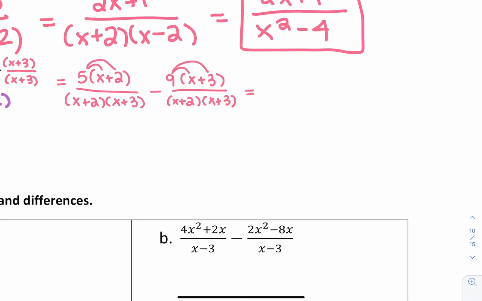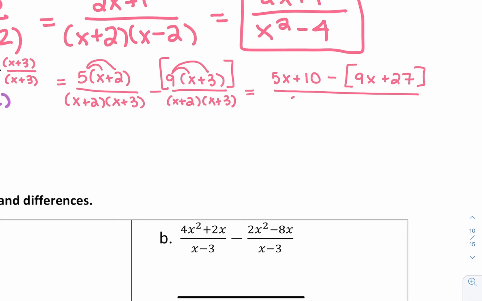So I have 5x plus 10, and now here's where you have to be careful with this minus sign. Right now, I'm just going to put all of this in a big bracket, so I remember I have to subtract the whole thing. So minus, now I'm going to distribute, 9 times x is 9x. 9 times 3 is 27. All over x plus 2 times x plus 3.